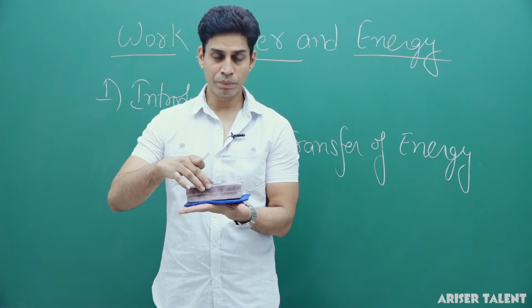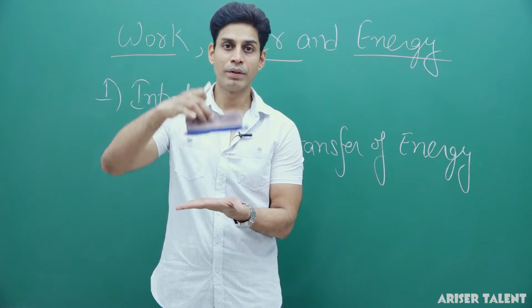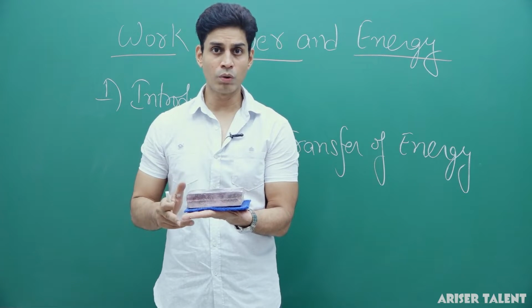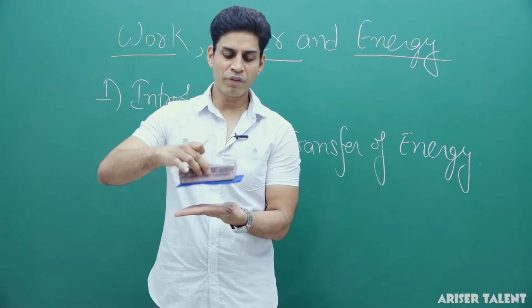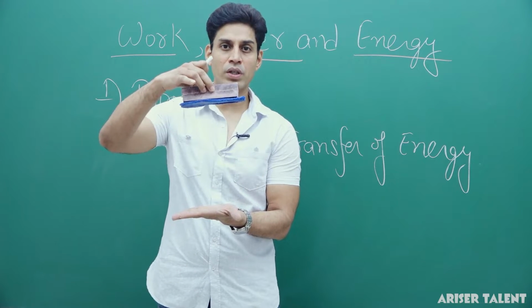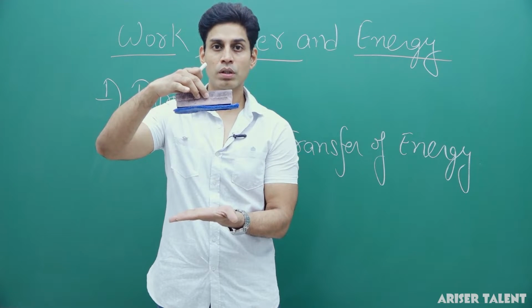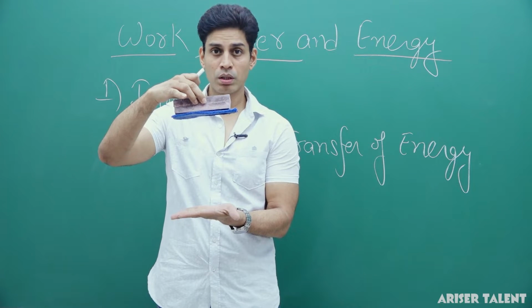Now, I lifted this duster up to a height h. What is the potential energy at this point? Taking ground as reference, potential energy at ground is 0. Now, if I place it at a height h, the potential energy becomes mgh.